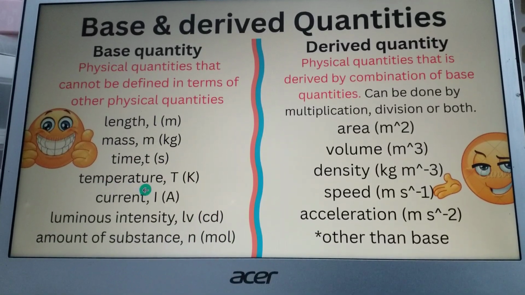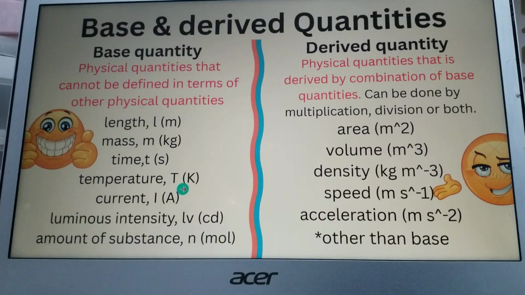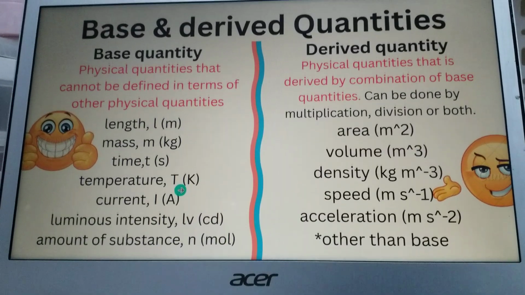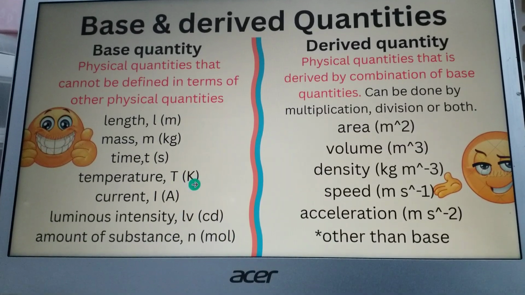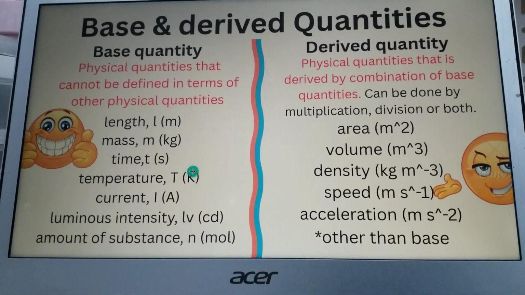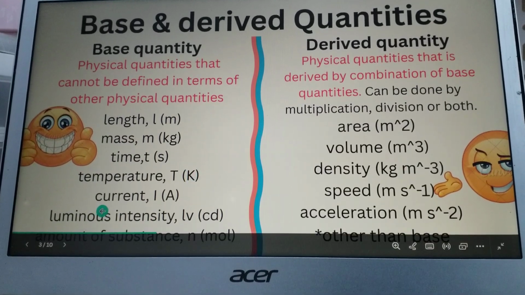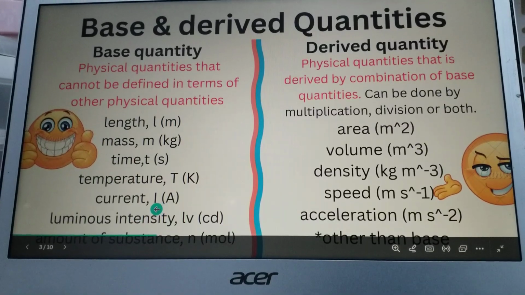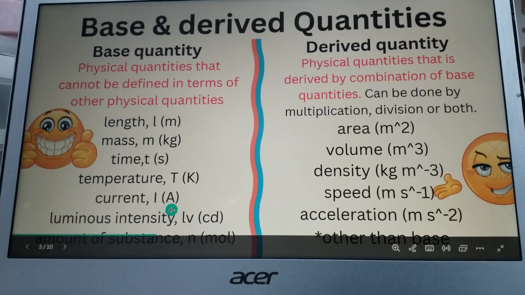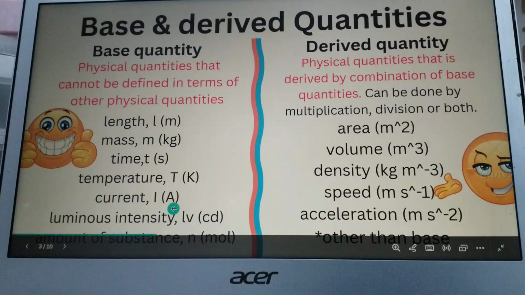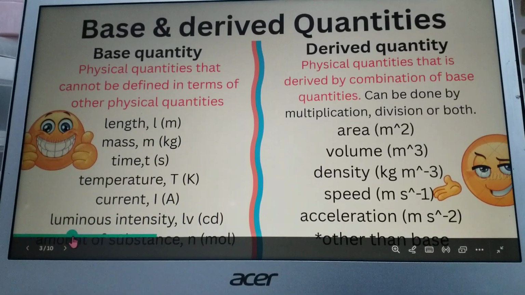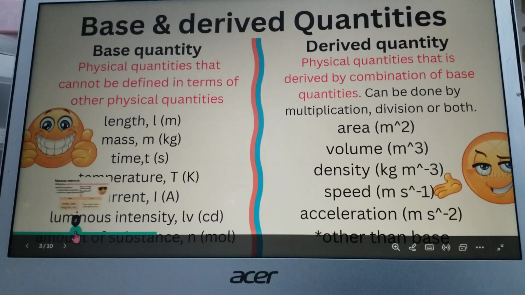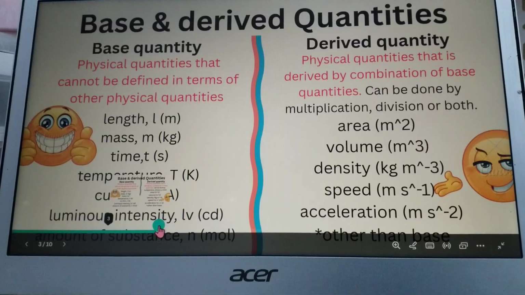Fourth, temperature. The symbol is T, but big letter. The unit is Kelvin, big K. Fifth, current. The symbol is I. The unit is ampere, A, big A. Sixth, luminous intensity.